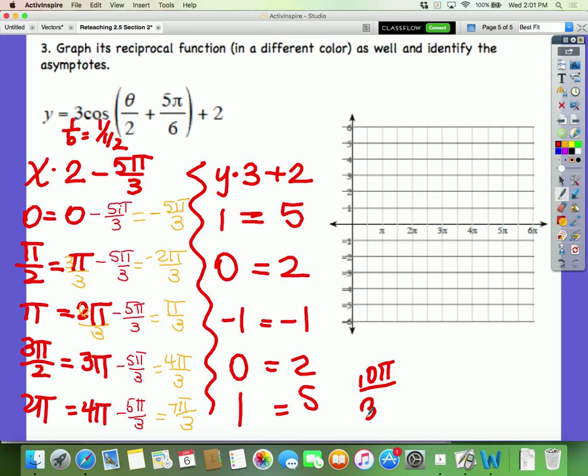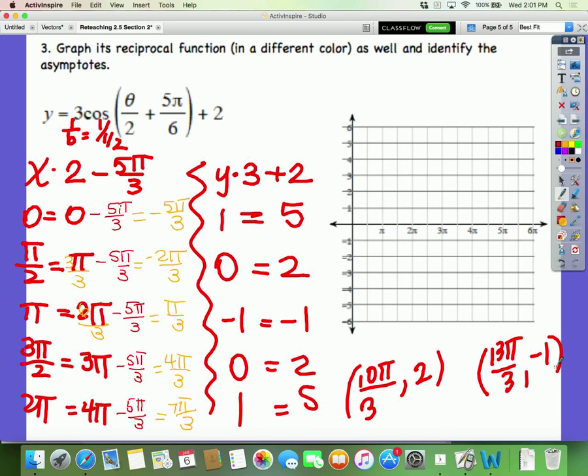Because again, the pattern, you're just increasing your numerator by 3 units. What would be the next y value that goes along with it? 2. Remember, it repeats. What's the next x value after 10 pi over 3? And the next y value?